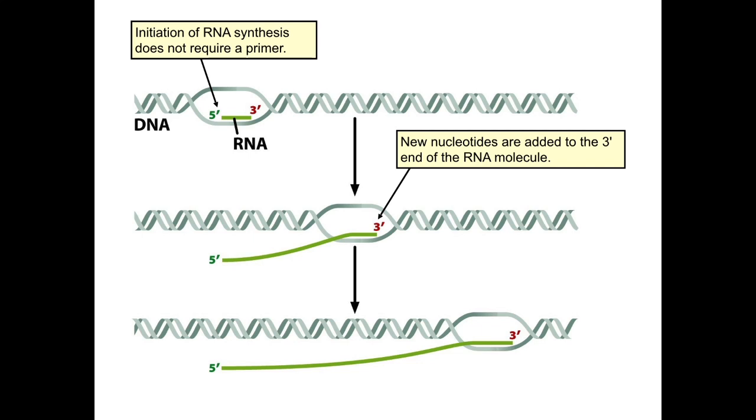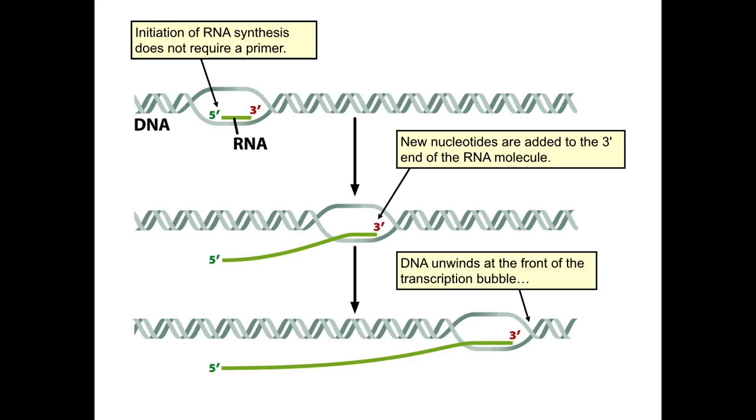The polymerase extends the RNA and unwinds the DNA at the front of the transcription bubble, and then also rewinds the DNA once the transcription bubble has moved through. All of this depends on the RNA polymerase.